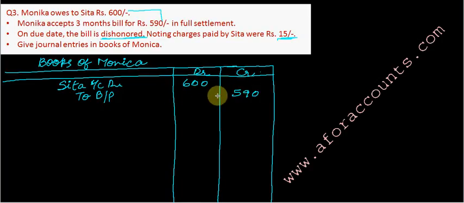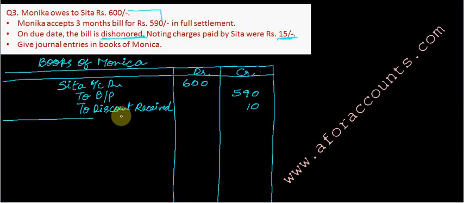The remainder is the discount, to discount received 10. Sita account debit to bills payable to discount received. This way the bill is accepted.